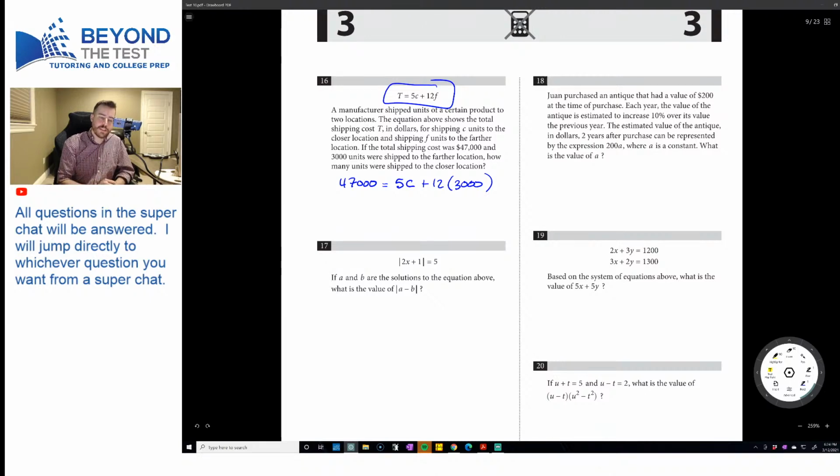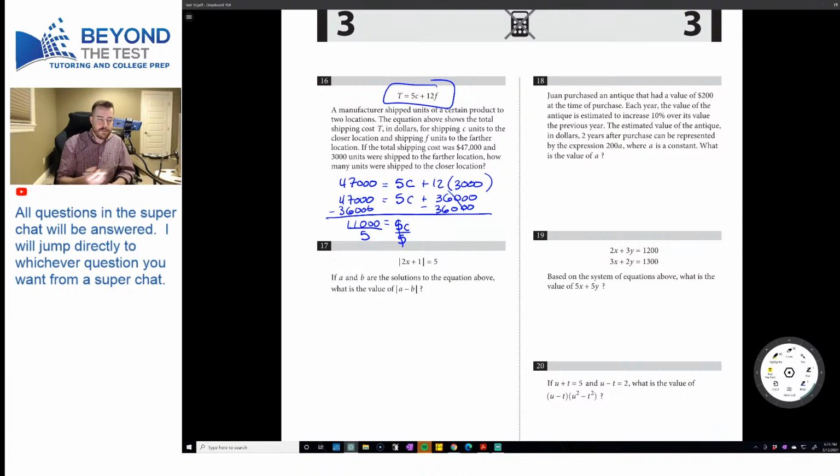And we're just going to simply solve for C. So we have 47,000 equals 5C plus 12 times 3,000, which is 36,000 there. Then solve for C. So minus off the 36,000 on both sides, and we get that 5C is equal to 11,000. And then we're just going to go ahead and divide by 5 here.